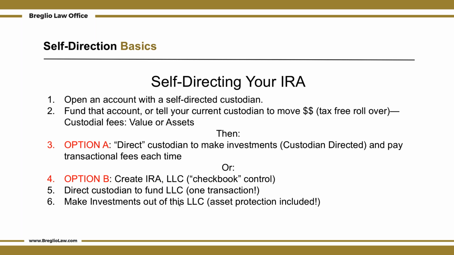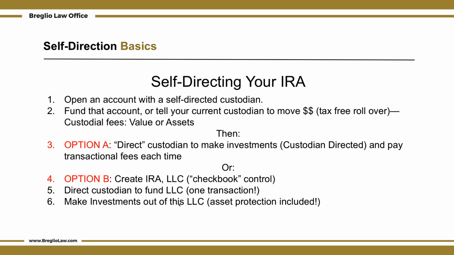Okay. So those are the two options. Most of our clients that self-direct their IRAs do utilize the IRA LLC. There is more risk with an IRA LLC because now you are making decisions about how to structure and what paperwork you need and everything else about buying the real estate.